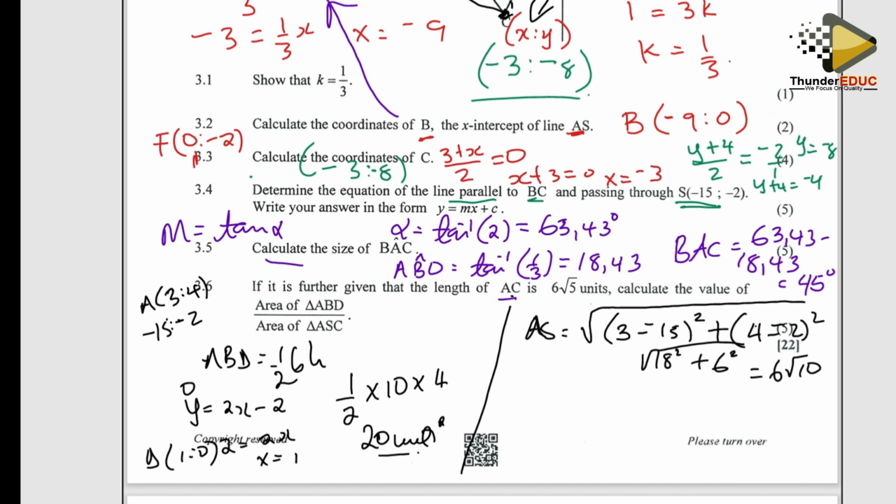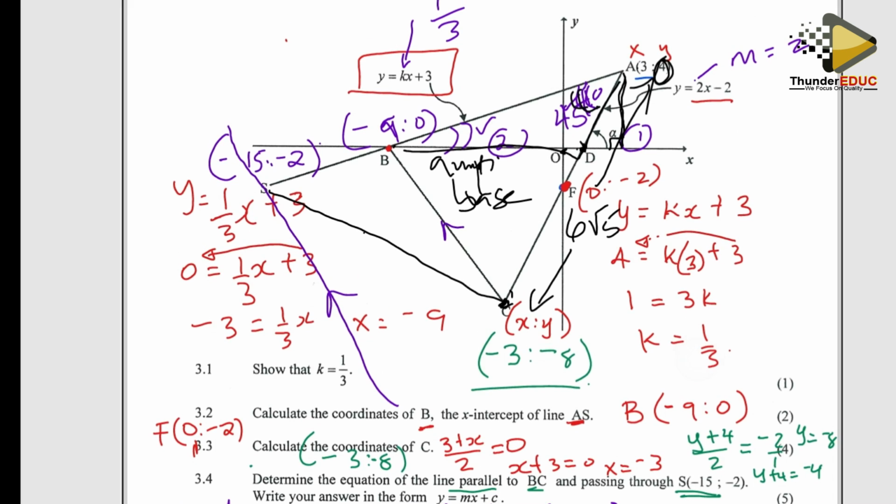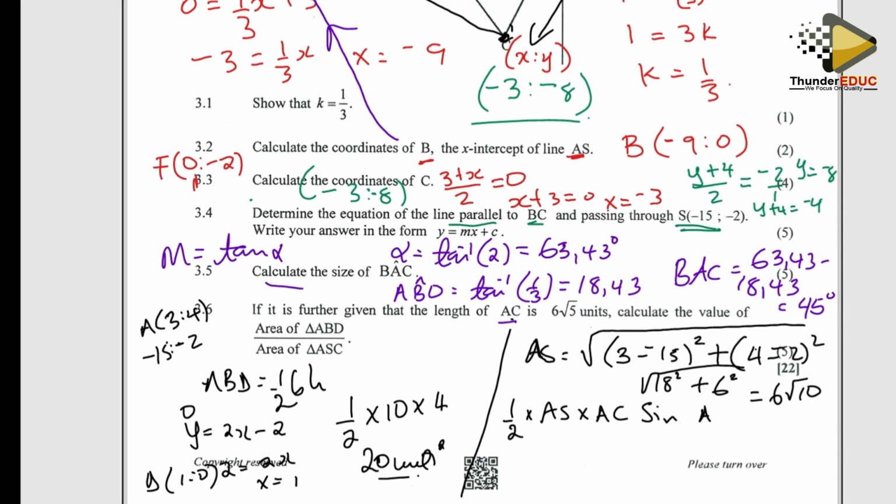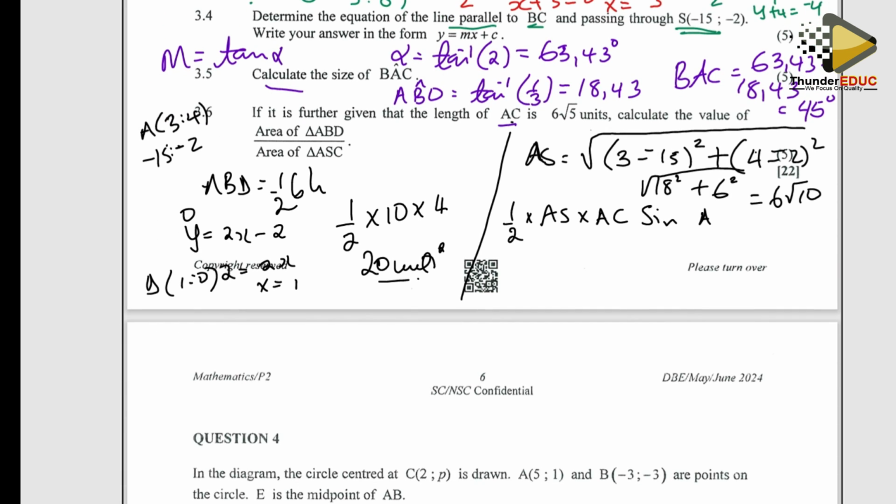Then from the area rule, I'll have a half times AS multiplied by my AC, the sine of A. So that's going to be a half, let's see, times the AS, which is 6√10, multiplied by the AC is 6√5, and then the sine of 45.